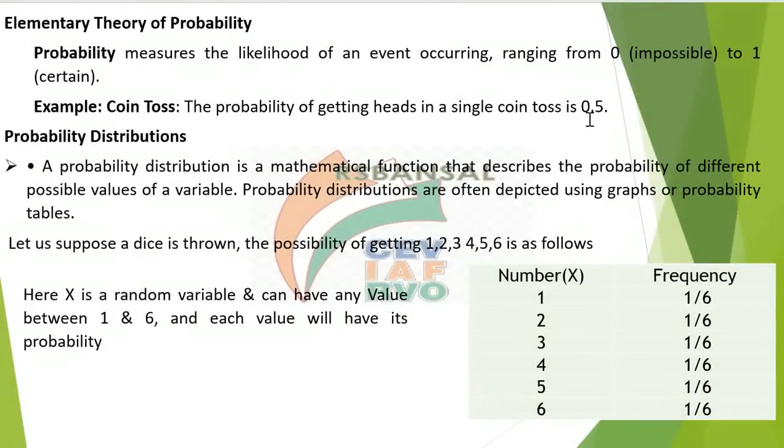So for finding this probability, what formula do you have to use? First you have to find the number of possible outcomes.